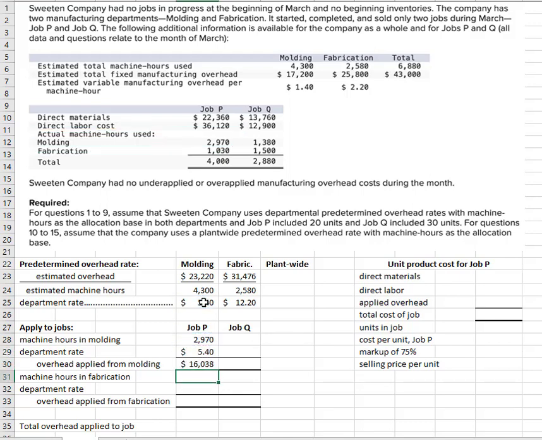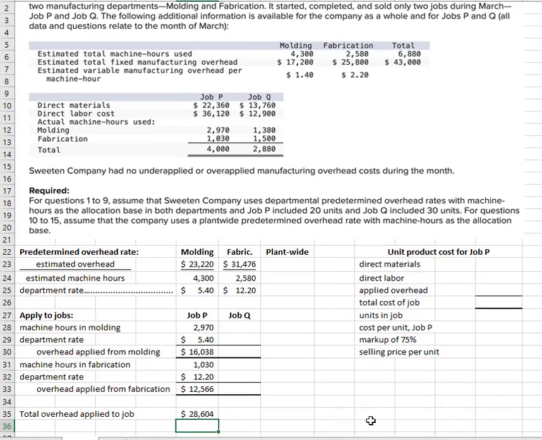So molding will assign $16,038 of overhead to job P. Now what about fabrication? Well, we had some hours in fabrication, and fabrication has a different rate. So they're going to get charged for each of those hours in fabrication the fabrication department rate. And so the total overhead for job P will be both departments.